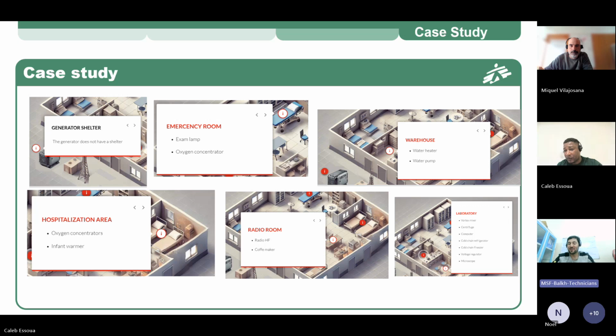Generally, sir, we have a proper Excel sheet for sizing the generator, but I didn't see any Excel sheet for panel board sizing. I understand what you are saying, but there's no need for this.